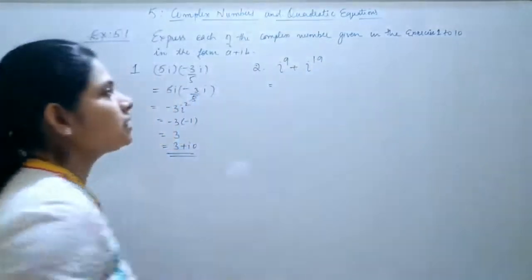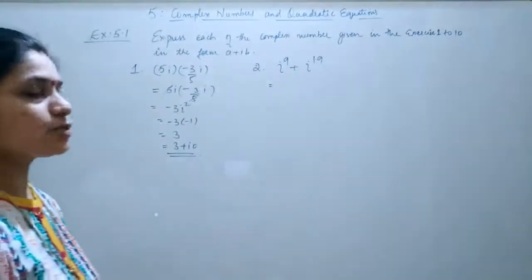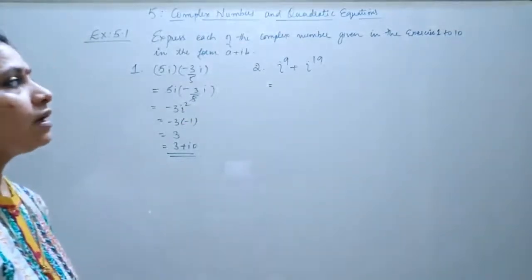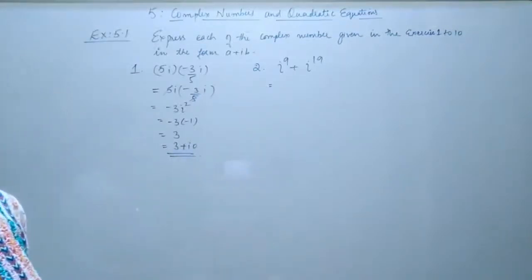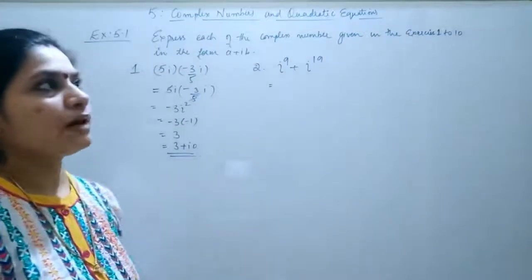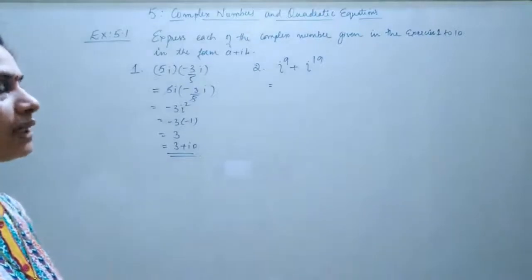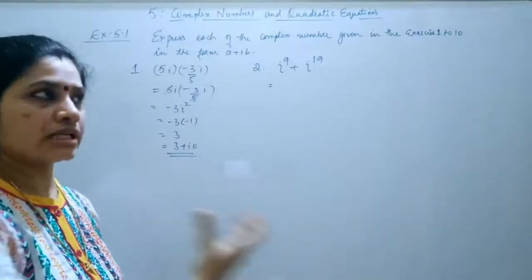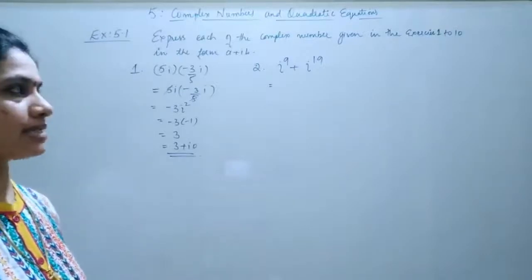Now we have seen the powers of i. If the power is a multiple of 4, you will get 1. If the power is 4k plus 1, you will get i. If it is a power of 4k plus 2, it will be minus 1. And if the power can be represented as 4k plus 3, you will get minus i as the answer.